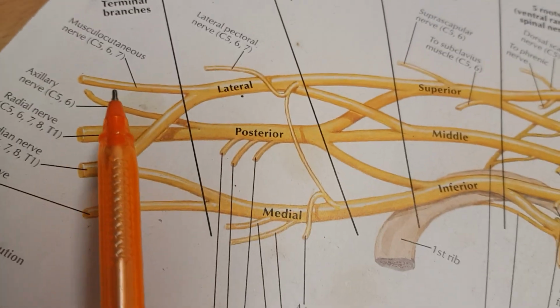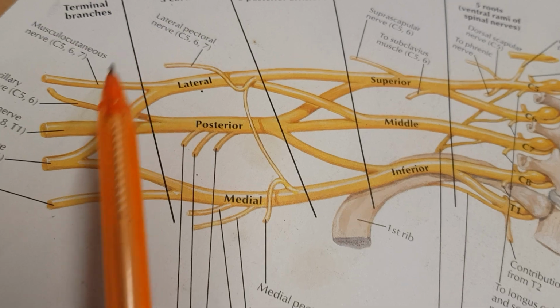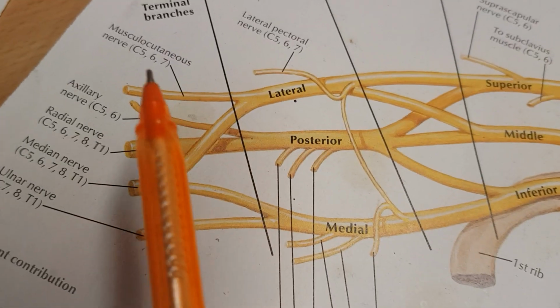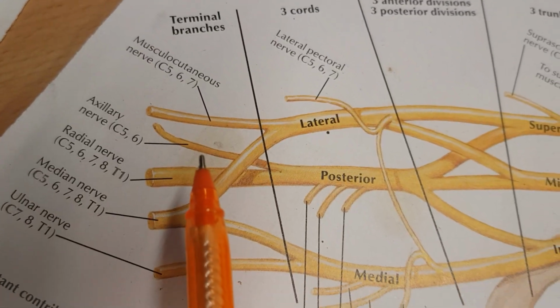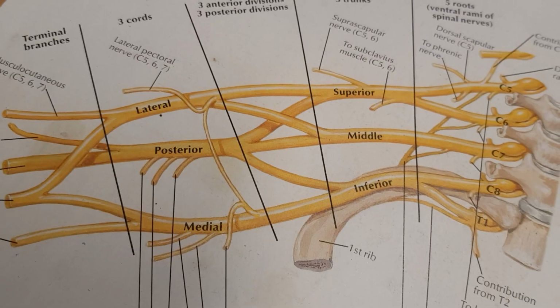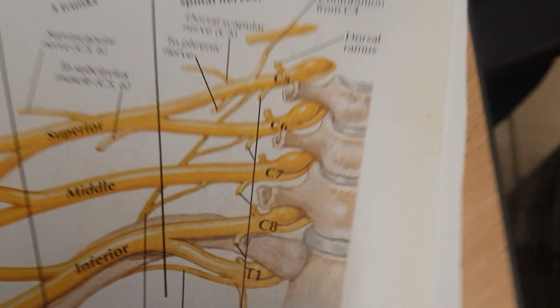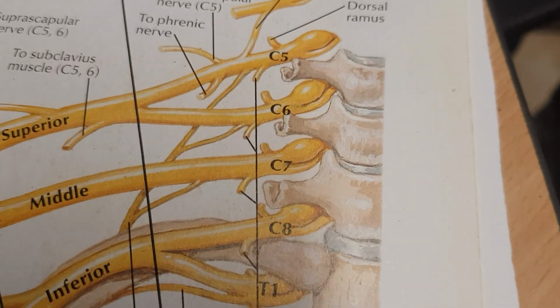I think we will have separate videos to explain each individual terminal branch in detail. But today we'll just mention what muscles are supplied by these terminal branches. Firstly, let's look at the roots.